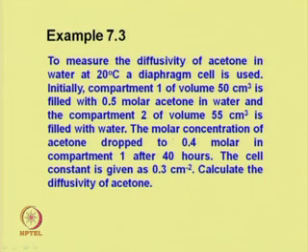The molar concentration of acetone dropped to 0.4 molar in compartment 1 after 40 hours. The cell constant is given as 0.3 per centimeter square. Calculate the diffusivity of acetone.